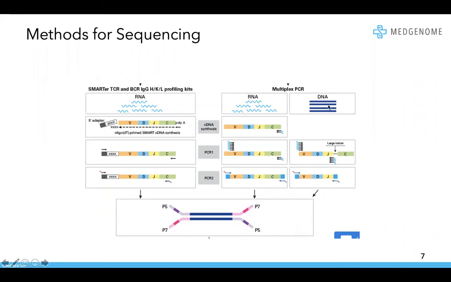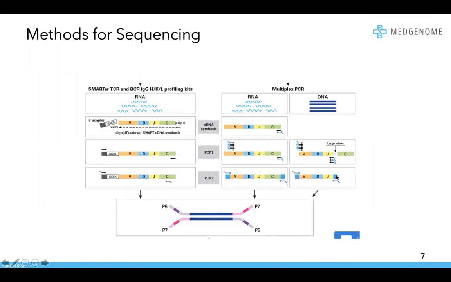And you could use either DNA as input or RNA. For Adaptive, it would be DNA, and for iRepertoire, they have both. You could either use DNA or reverse transcribe RNA and then use that cDNA as your input.